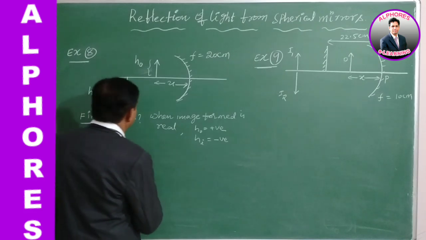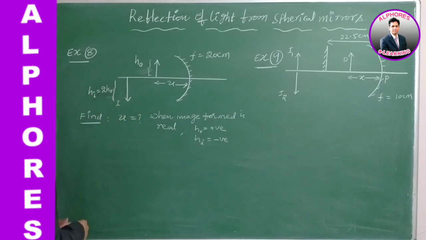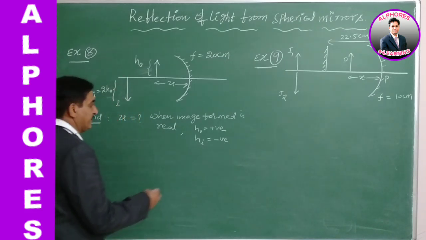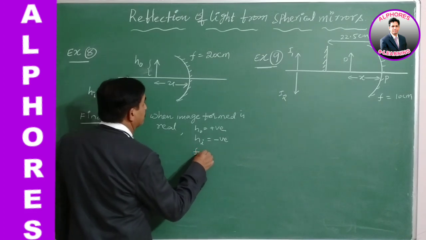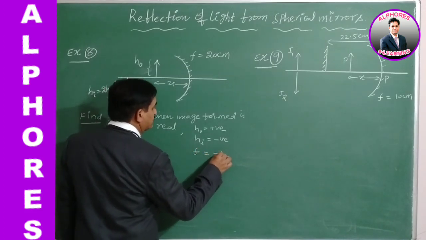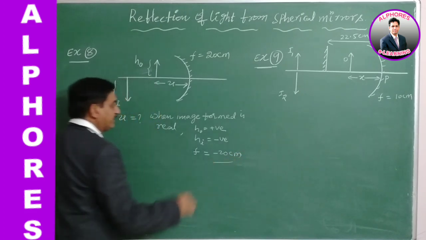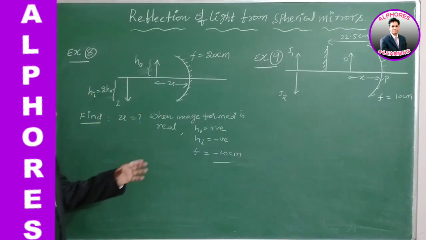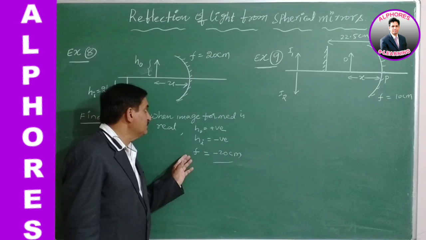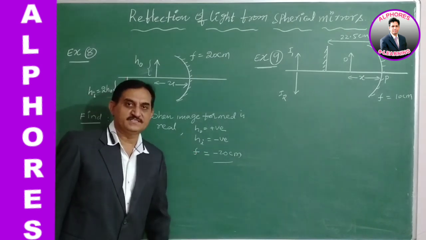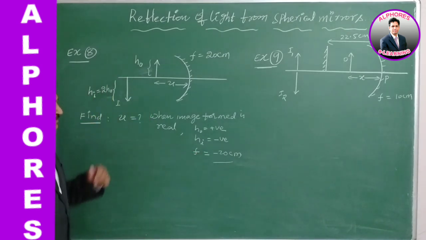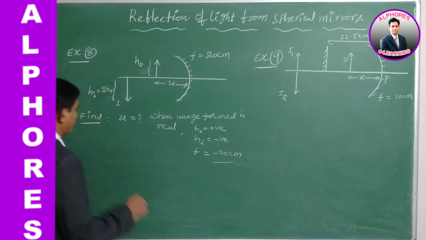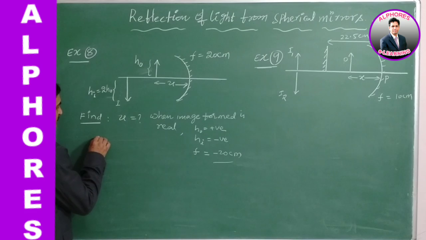Now we have to find the object distance. The focal length is already given: f is equal to minus 20 centimeters, because it is a concave mirror, its focal length is negative.